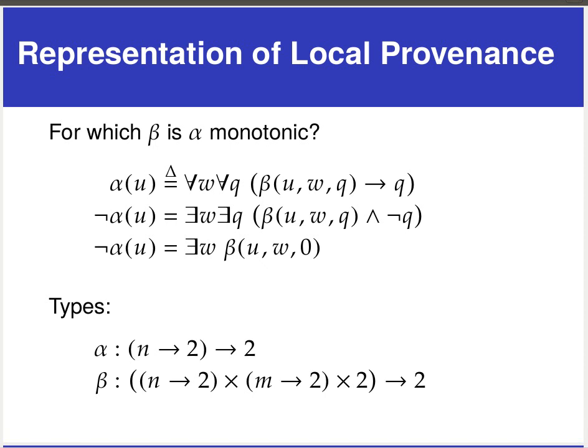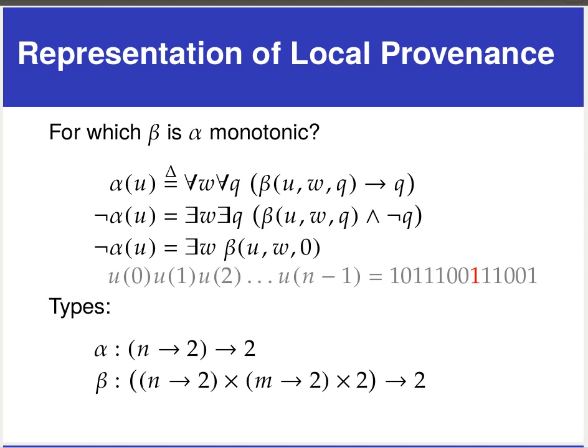What does it mean that the Boolean function is anti-monotonic? Well, you can think of it in terms of a Boolean assignment. So u is a Boolean assignment. We can write it down as a bit vector. If not alpha of u returns true, returns 1, we say that this assignment is a model of not alpha.